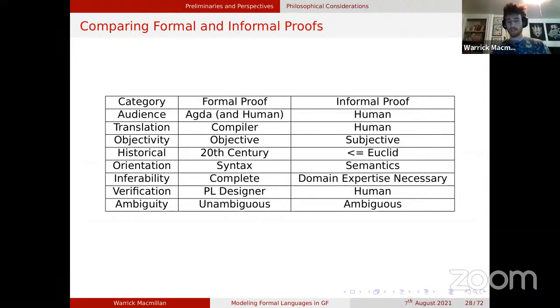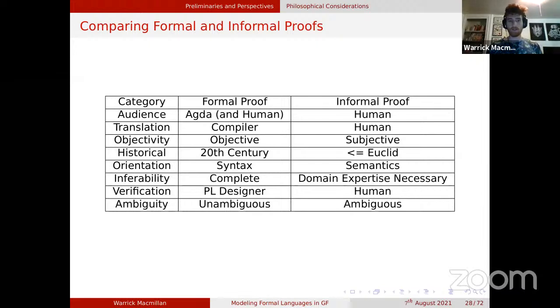Formal proof is a 20th century phenomenon, post Frege, and informal proofs go at least as far back as Euclid. The orientation is meaning: formal proofs are more about constructing syntactically complete terms that satisfy a type, whereas informal proof is more focused on semantics. So leaving details out, being redundant about other details. It's all about communication of ideas to other people with domain expertise or interest. So it's much more on the semantic side.